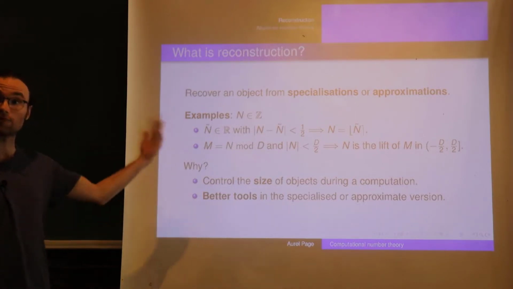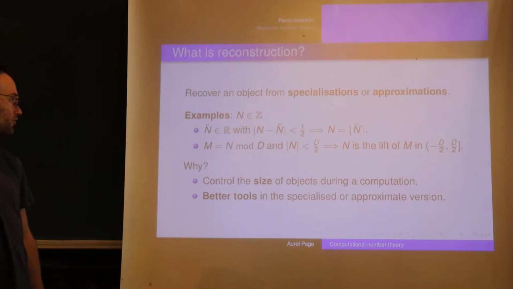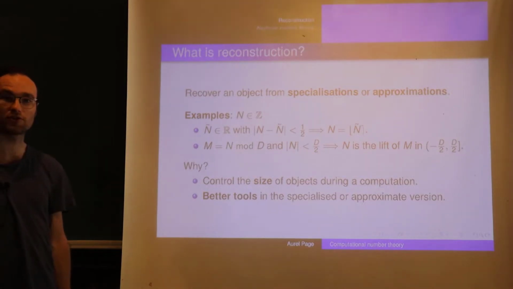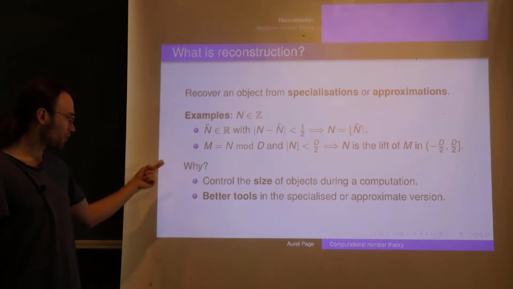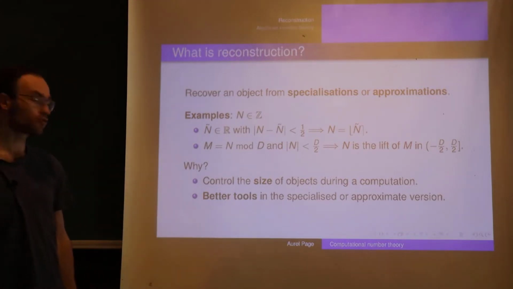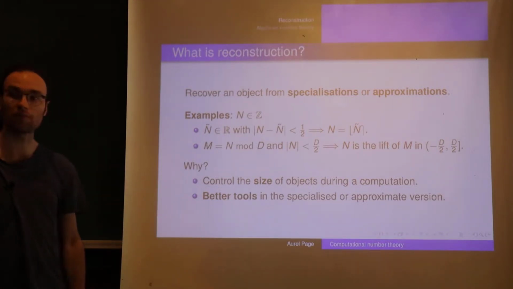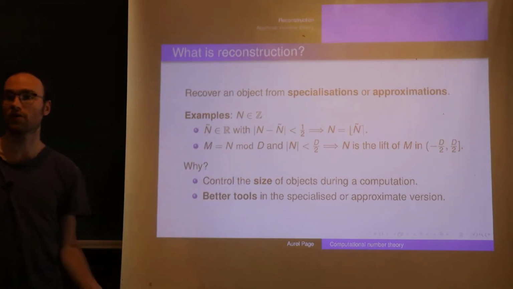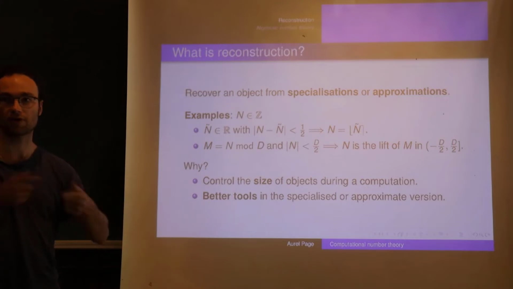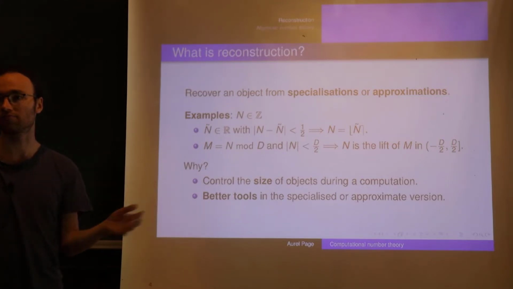So I will describe a few more reconstruction techniques, but first I want to explain why this can be useful in general. Well, there are 2 main reasons. One is that it allows you to control the size of objects during a computation. If you do computation, for instance, with real numbers, with bounded precision, these objects don't grow too much.